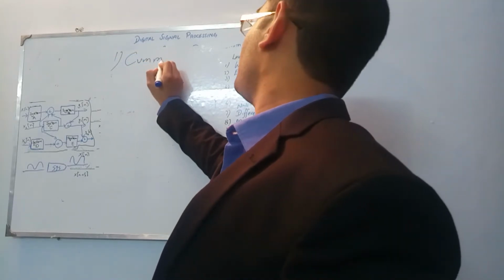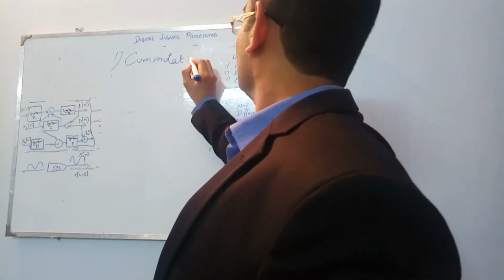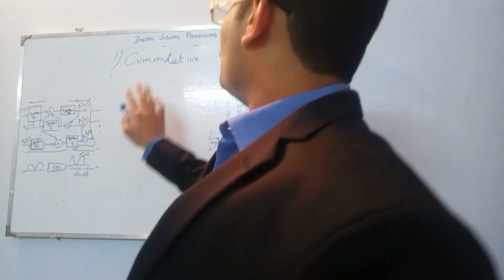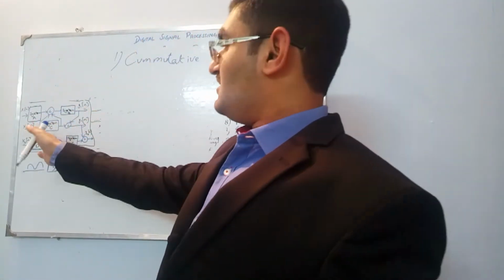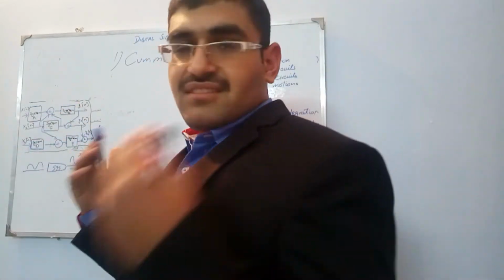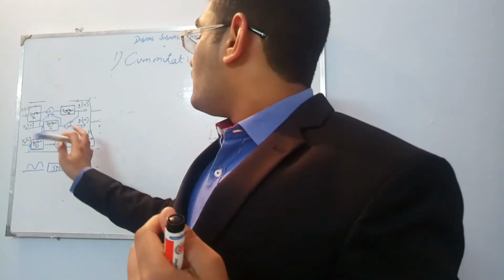Commutative. Linear systems are commutative, and you can see this is the complex system. So tell me guys whether this is linear or not.